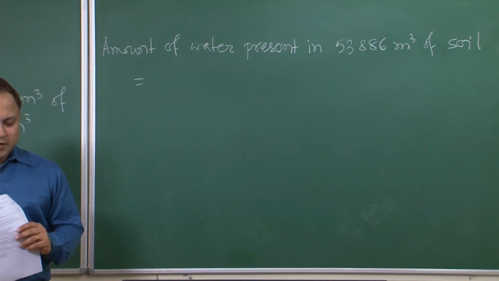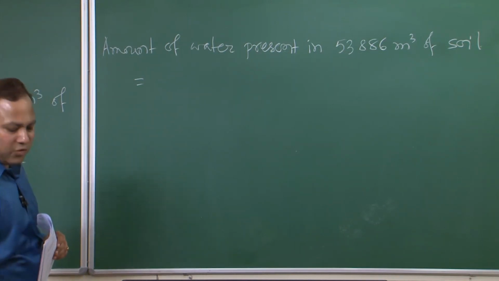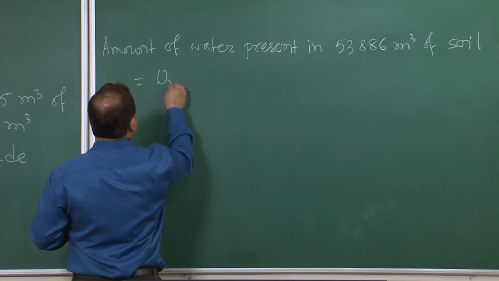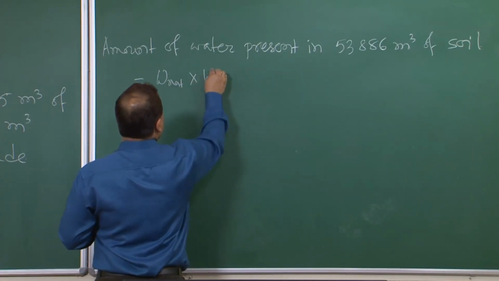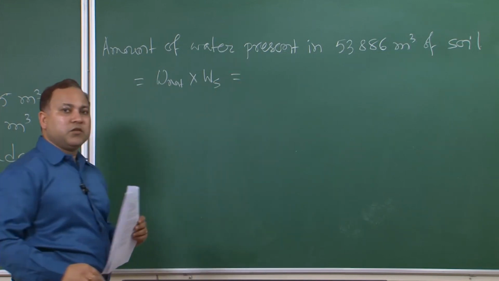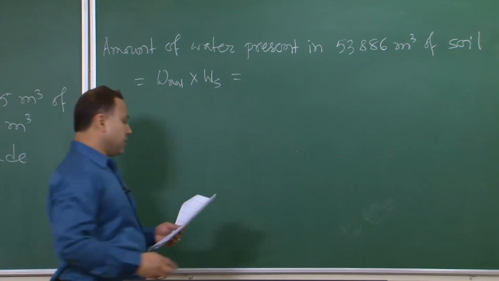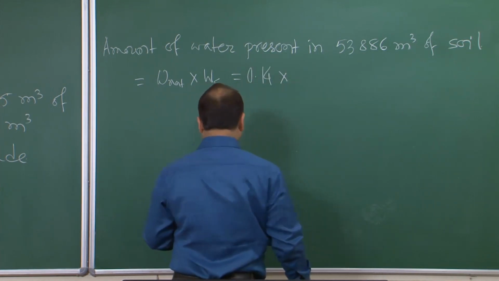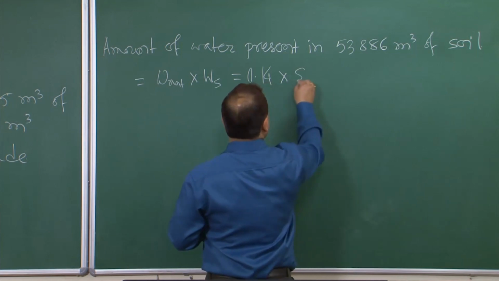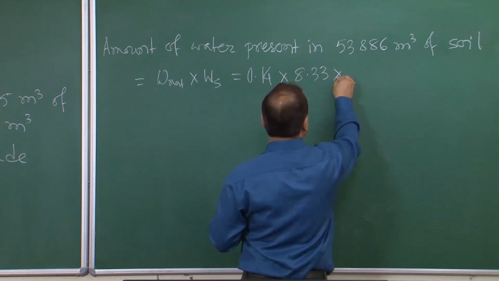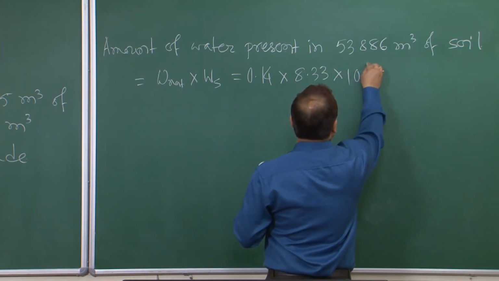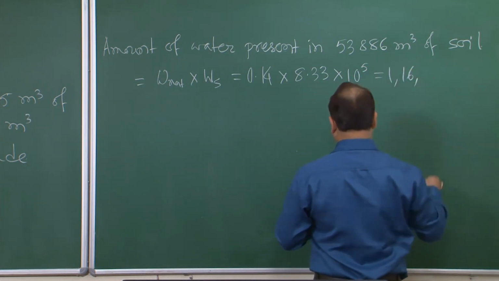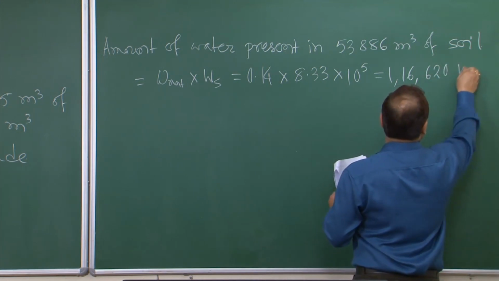The natural water content multiplied by the weight of soil solids. What is the natural water content at borrow area B? That is given in the problem, 14%, multiplied by the weight of soil solids, which has already been calculated in the last lecture, 8.33 into 10 to the power 5, which comes to around 1,16,620 kilonewton.